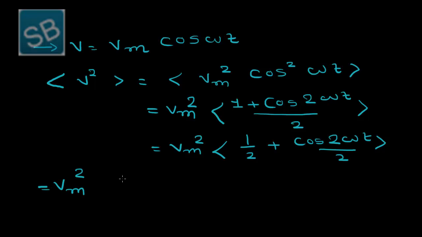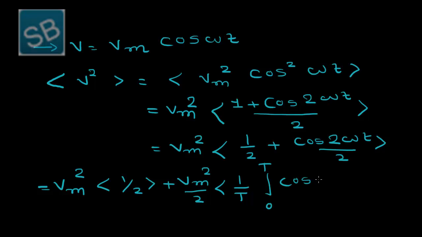Which is equal to Vm square into (1 half) plus Vm square by 2 into 1 over T, integration 0 to T cos 2 omega t dt. Now we actually know the value of this second portion: the integral 1 upon T, integral 0 to T cos 2 omega t dt is equal to 0, as we have shown at the start of this theory.